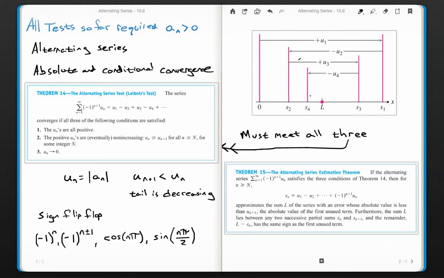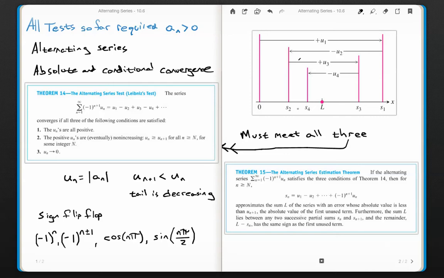If I add u sub 5 to get up here, I know I'm going to cross the limit again. I have to cross the limit. So that means once I get to S sub 4, my error is less than u sub 5. That's pretty nice. Furthermore, the sum L lies between any two successive partial sums.